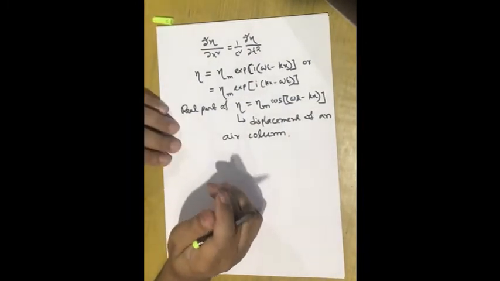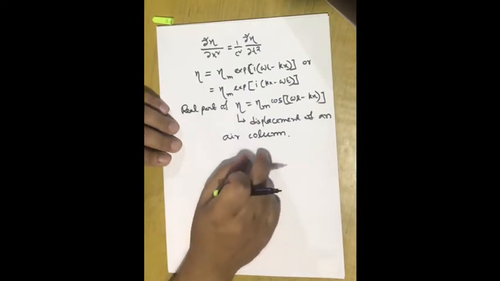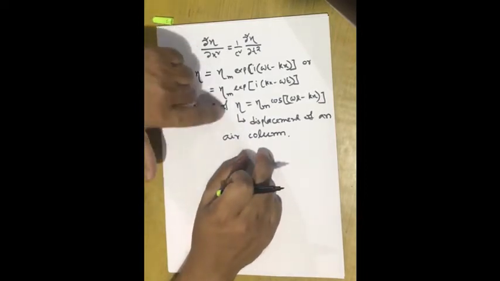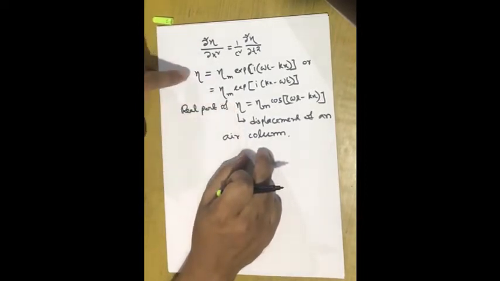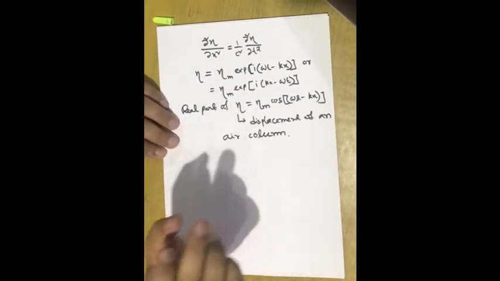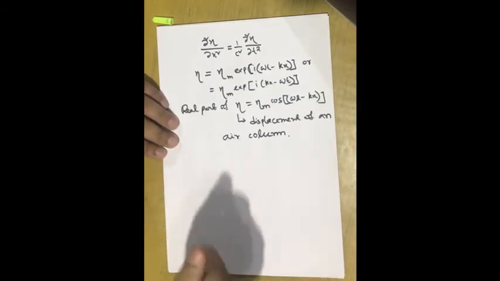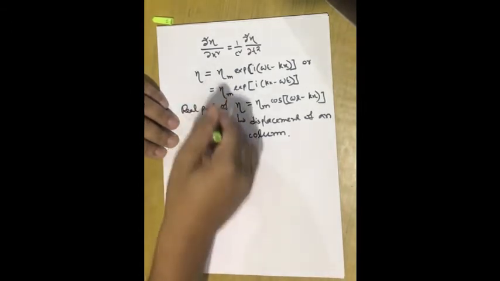Now you see, for the energy purpose, I am going to use the real part of eta, and for determining the particle velocity, the volume strain, or the excess pressure, I am going to use the complex notation. There are certain advantages of complex notation which you will see as I advance through the derivation of this part.